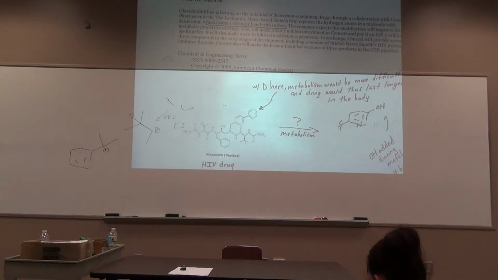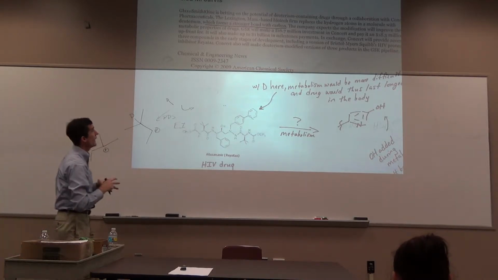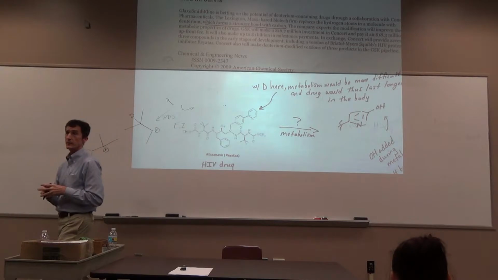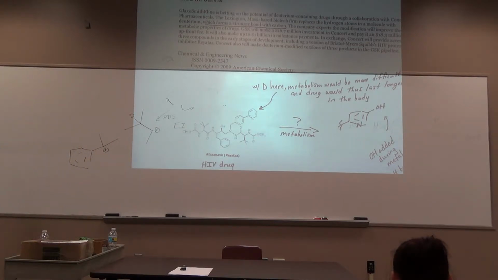We're not doing SN1 or SN2 here, but making that bond stronger makes it more difficult for the body to metabolize it in that manner and deactivate the drug. Stronger bond strength, slower metabolism. In this case, metabolism, you don't want it. In other cases, you may want the metabolism. So is that a reasonable application? Does that make sense?